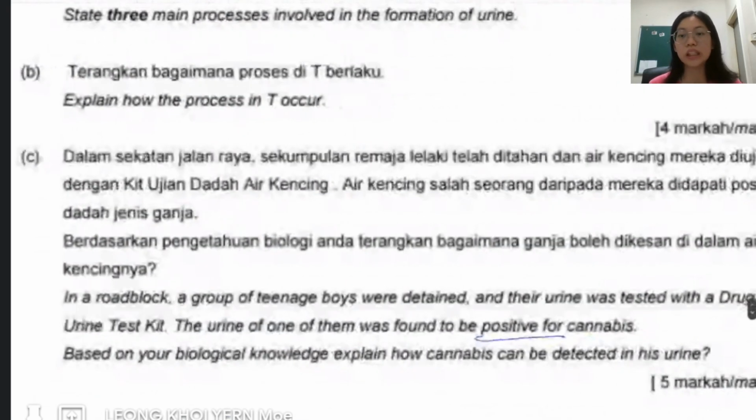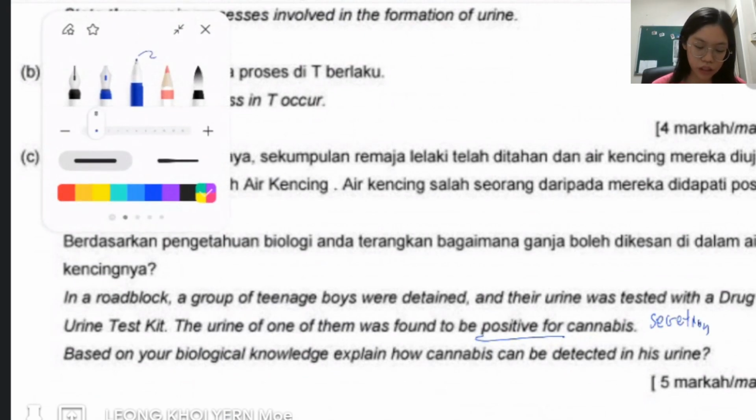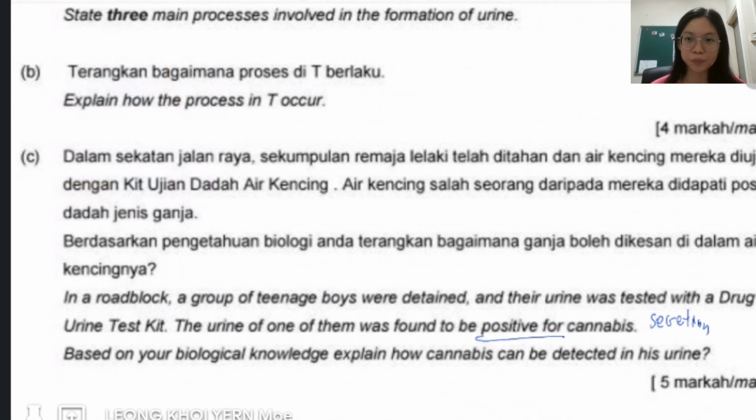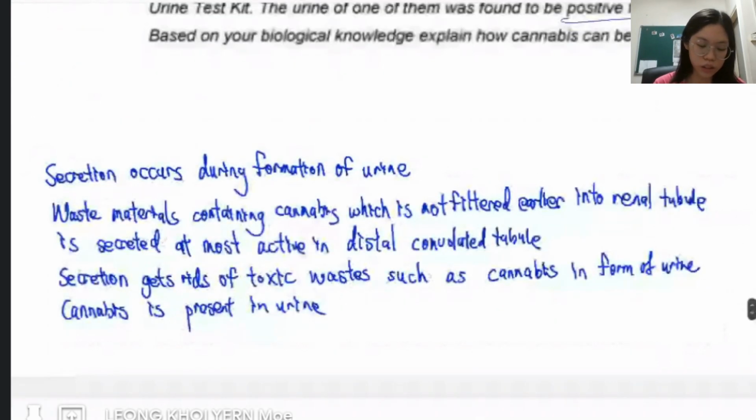It relates to the secretion process, which occurs most actively in the distal convoluted tubule. Because you took the cannabis, and cannabis is considered a toxic substance or waste material, it will be secreted out. So secretion occurs during the formation of urine.